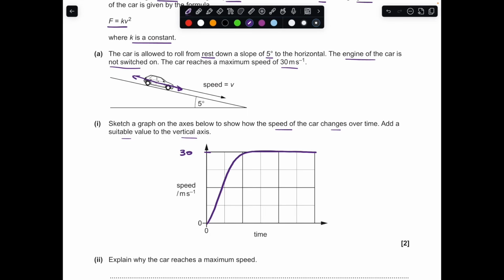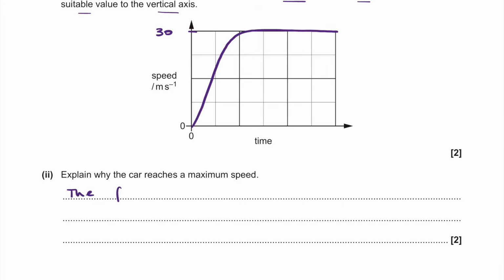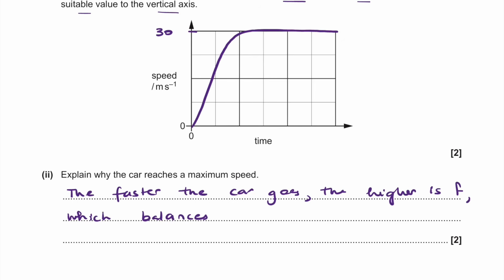If you split the weight up into its components, this being 5 degrees, the resistive force F will be acting against W sin theta until the resultant force becomes 0. So the faster the car goes, the higher is F, which balances W sin theta and gives you the resultant force as equal to 0.